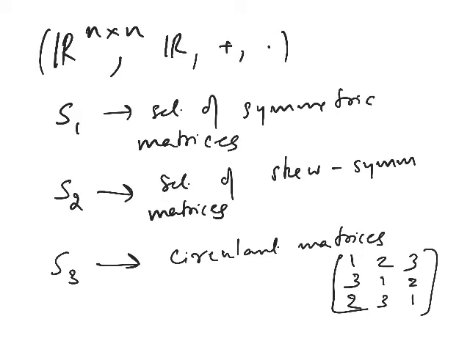Symmetric means A transpose is A. Skew symmetric means A transpose is minus A. So you have to check whether these are subspaces. Whether the set of symmetric matrices is a subspace, you have to check. Don't take an example. You should be able to do it without taking examples.